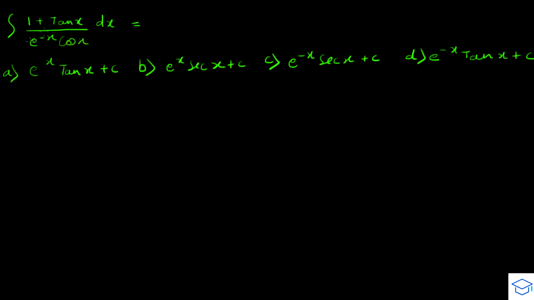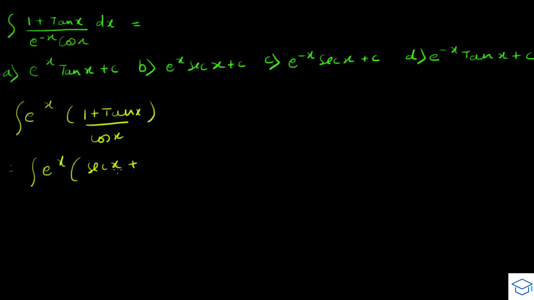So let me try bringing e to the power of minus x to the numerator. So e to the power of x (1 plus tan x) by cos x. So now simplifying it further, I will get secant x plus tan x secant x.